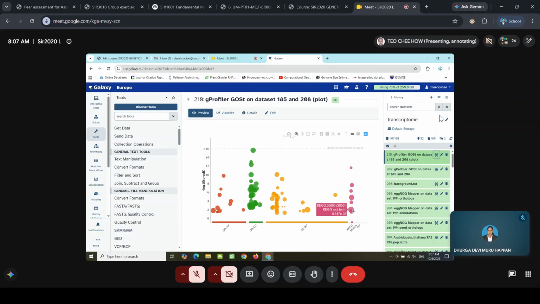So some of the things we can know is actually the pathway. For example, now we know that this KEGG map 00380, tryptophan metabolism, is involved here.